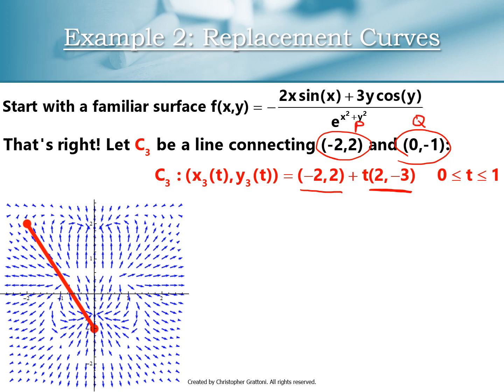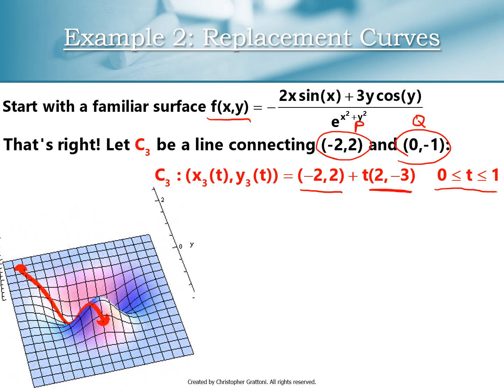And now that I have this parameterization, my bounds are nice because I know that this goes from t equals 0 to t equals 1. So my limits of integration look pretty nice. My curve looks pretty nice. And it all plugs into f of x, y pretty well also. Now, here's the argument that someone could make: was this really a better curve? Because look, from the perspective of a hiker, you have to walk down into this valley and back up again. But we're not talking about what would be the most pleasant for our hiker.